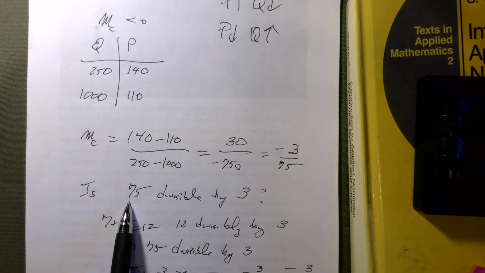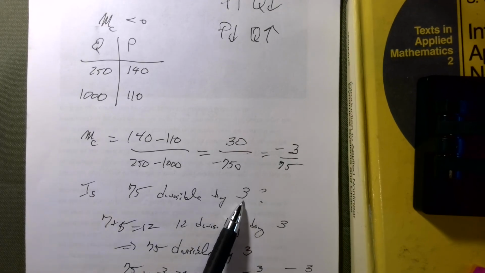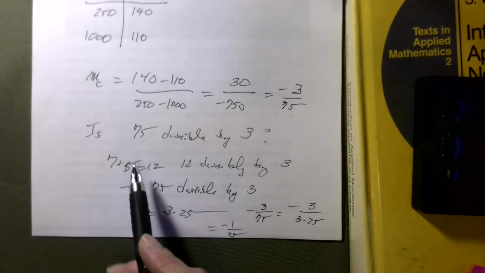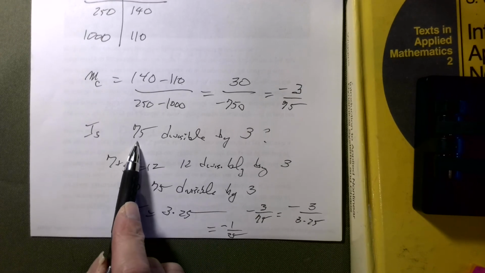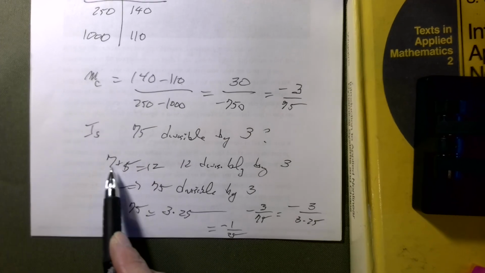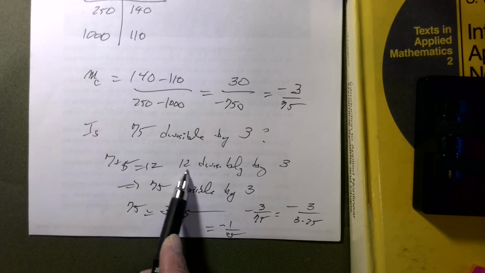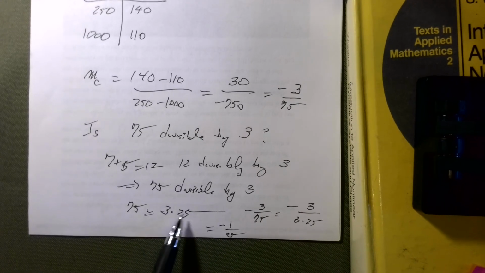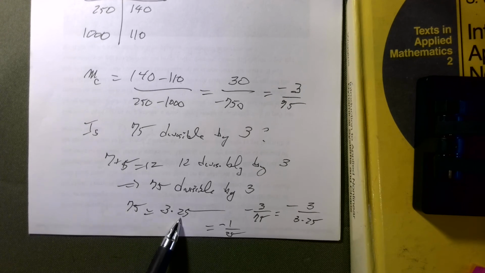And is 75 divisible by 3? Well, you remember that trick from high school that if you add the digits and that's divisible by 3, the original number is divisible by 3. So if I take 7 plus 5, which is 12, 12 is divisible by 3. So 75 has to be divisible by 3. And in fact, we all realize 75 is 3 times 25.